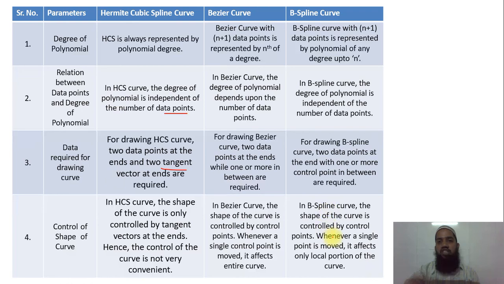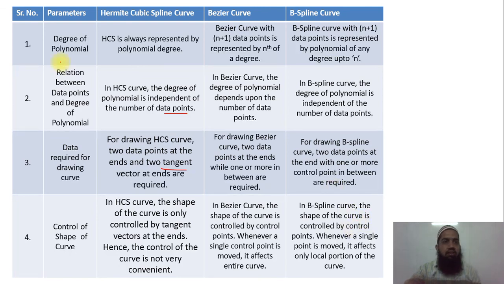But in the case of B-spline curves, the shape is controlled by control points, and whenever a single point is moved, it affects only a local portion of the curve, because it is not working on global control. It has more advantage in this case.